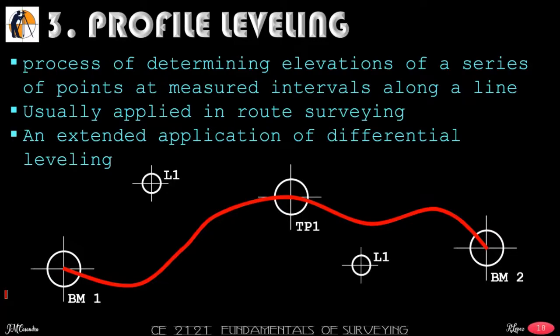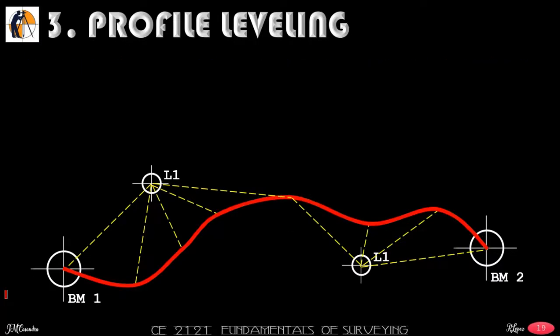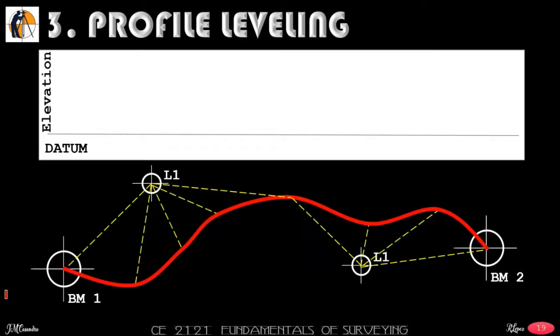So you have the height of instrument. You will read your back sights and your foresights at equal intervals until you arrive at your last point. So from your readings of back sights and foresights, you will now be able to identify the elevation or the profile of your route or your road.